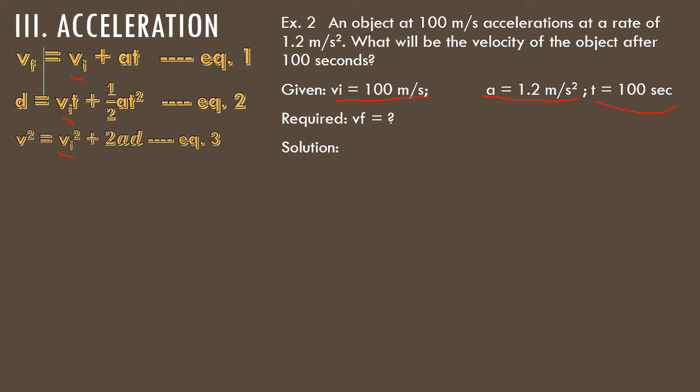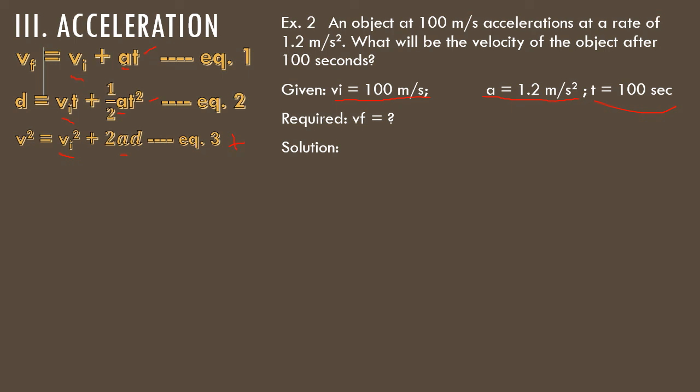So, meron tayong acceleration. So, lahat merong acceleration. The next one is time. So, ang may time is itong equation 1 and equation 2. Sa equation 3, wala. So, x na natin yung equation 3.